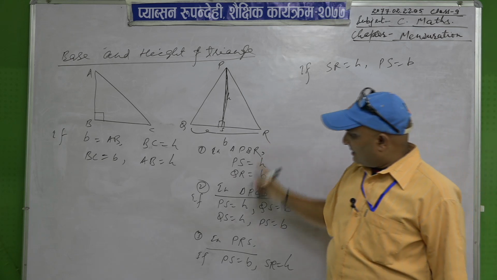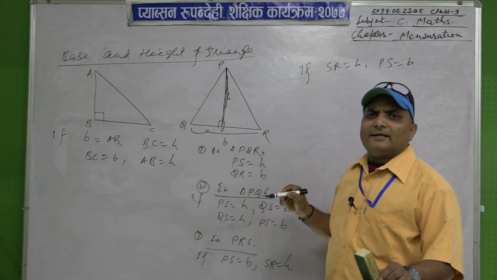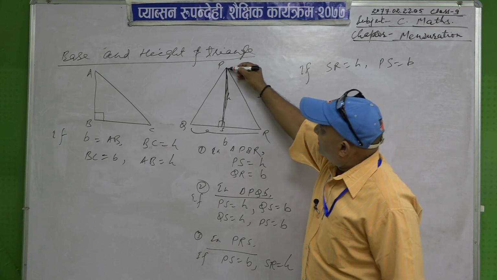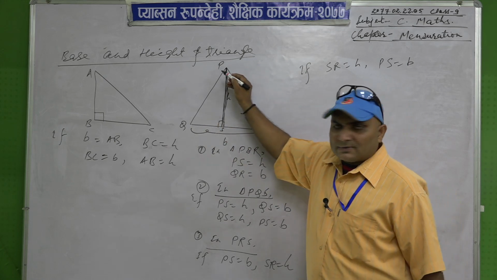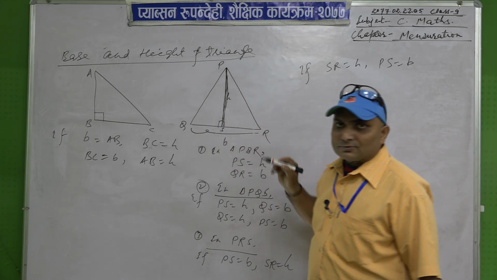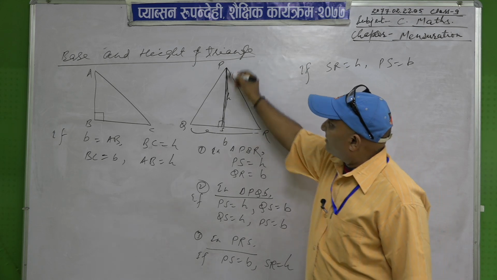Now look very carefully that this line PS is the height of all three triangles. This PS is the height of triangle PQR also. This PS is the height of this PQS also. This PS is also the height of PRS also.